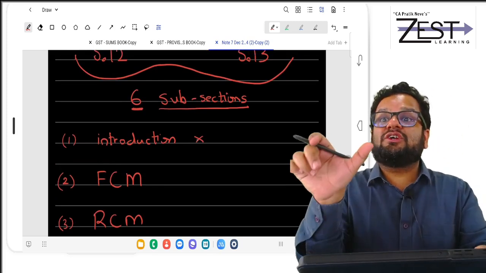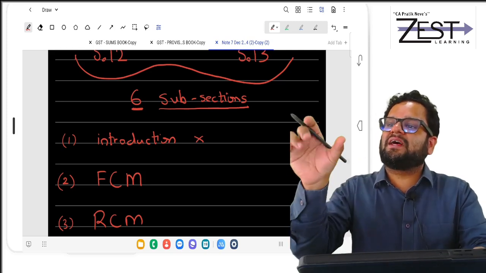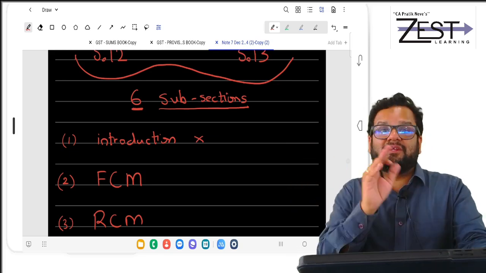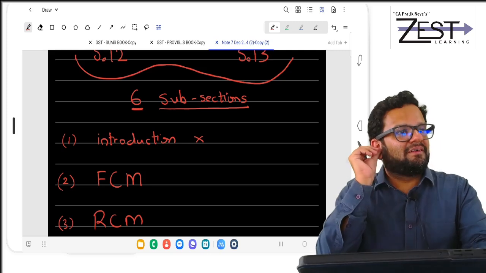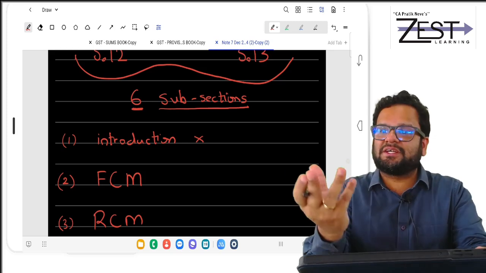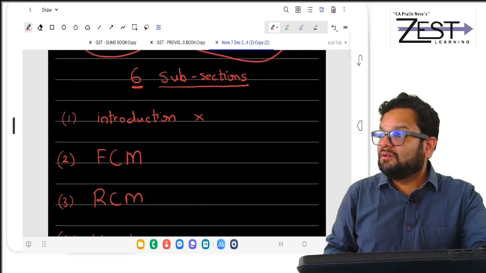Section 12.1 will say time of supply of goods will be decided as per section 12. And 13.1 will say that time of supply of service will be decided as per section 13. So 1 you need not do.